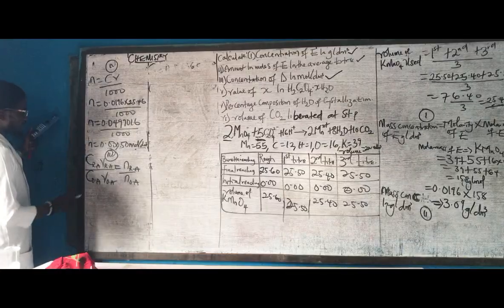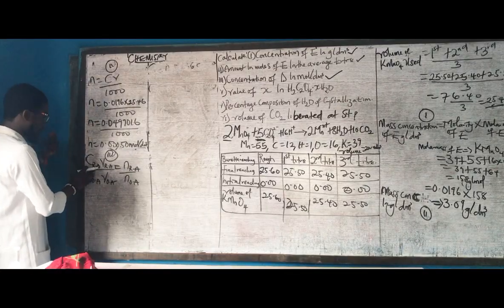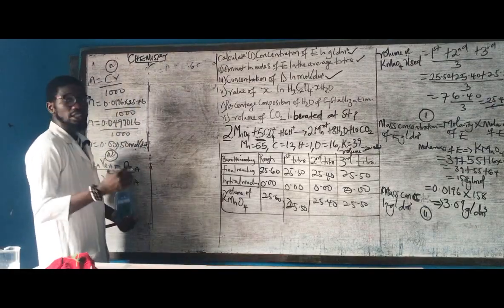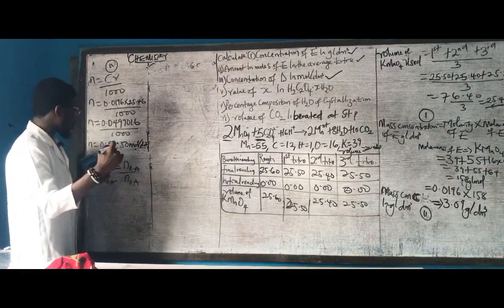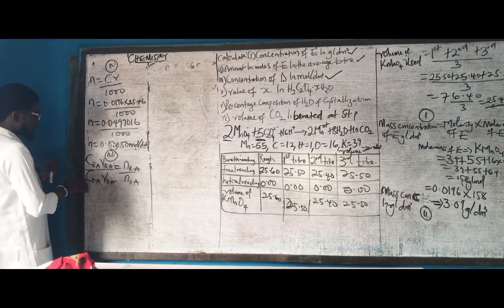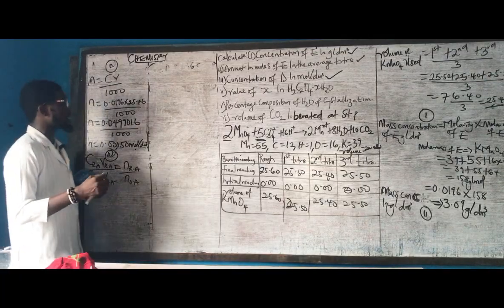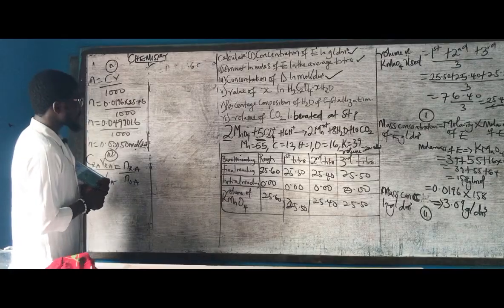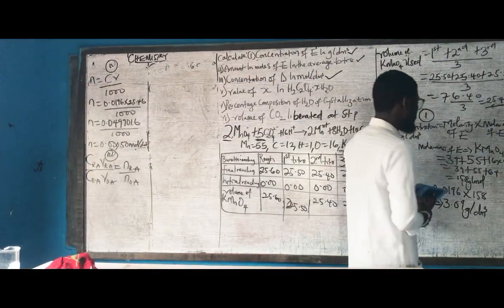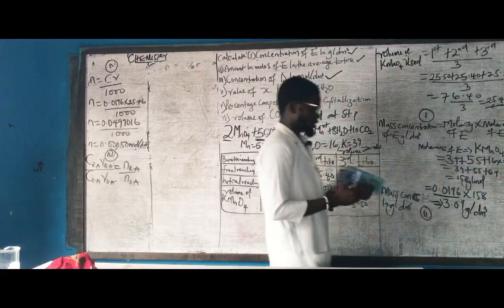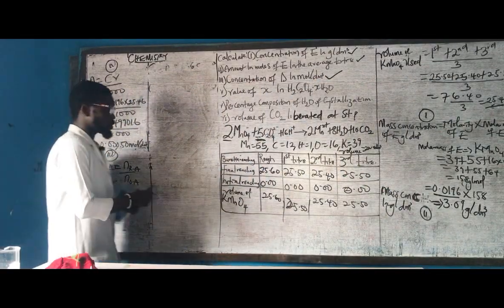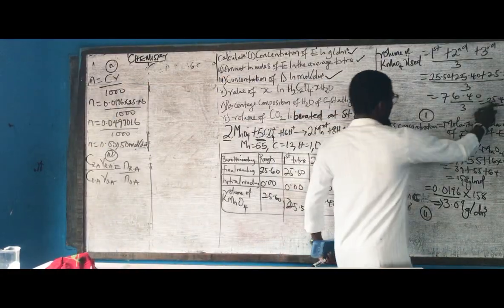So, in that case, we make this the subject of the formula. The volume of the reducing agent is what we pipette into the conical flask when we titrate, which is 25. Now, the concentration of the oxidizing agent is 0.0196, and the volume of this given is 25.46.